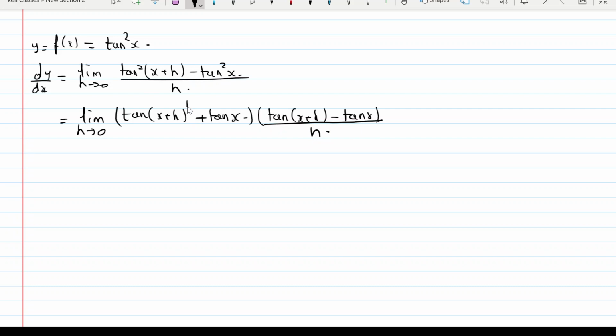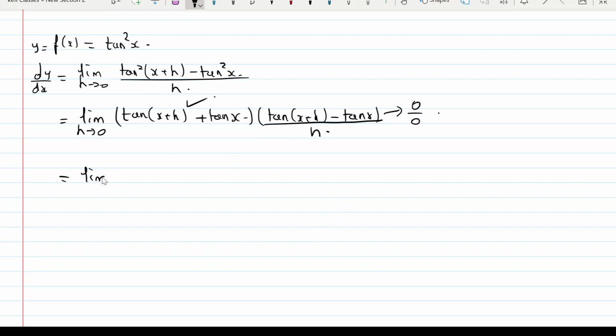See, there is no problem with this term, because if you put h is equal to 0, you get tan x plus tan x. So that's not an issue. The problem is with the tan x plus h minus tan x upon h. They give you the 0 upon 0 form. This is the one which is giving you 0 upon 0. So we only have to handle that.